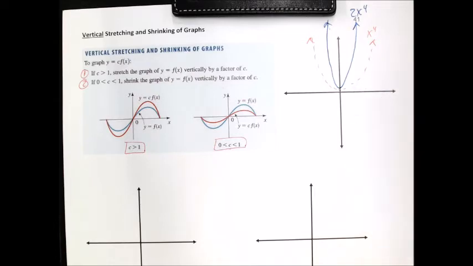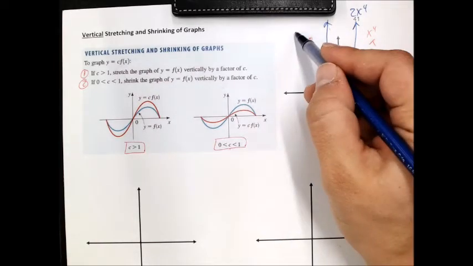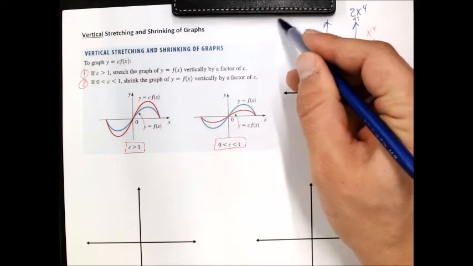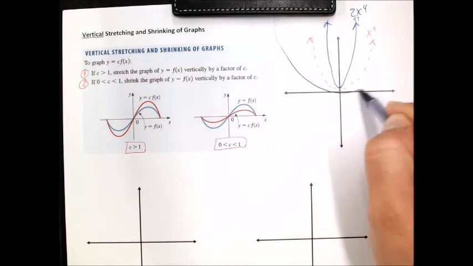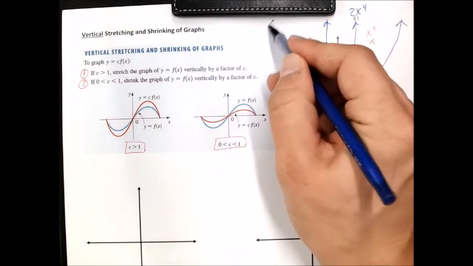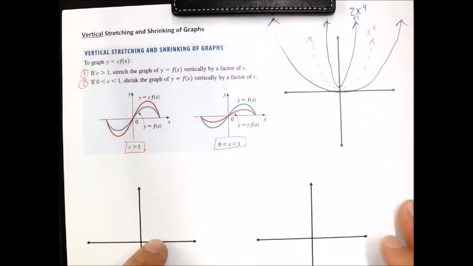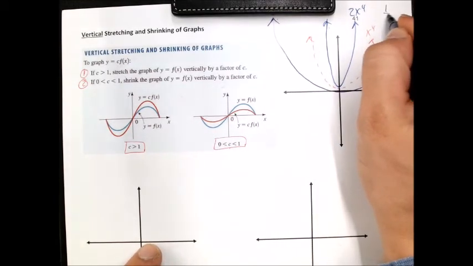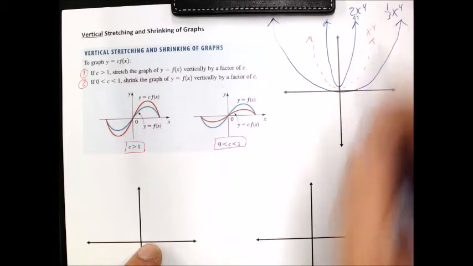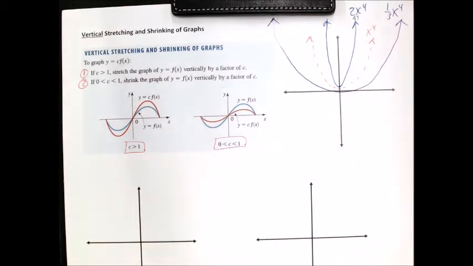And so that's going to be a shrinking kind of look, right? And so that might look more like this. It's going to be kind of wider and less steep. So that might be 1/3 x to the 4th. So if we multiply by a number bigger than 1, it stretches it. If we multiply by a number less than 1, it shrinks it.